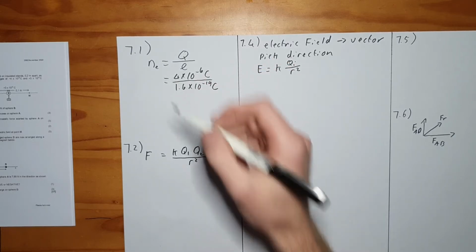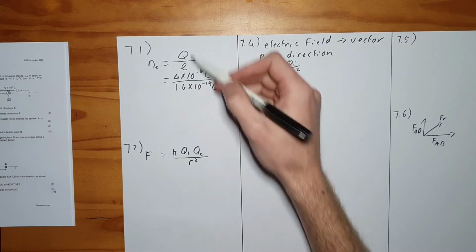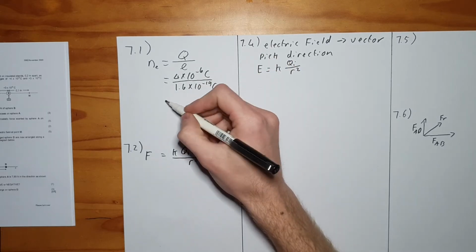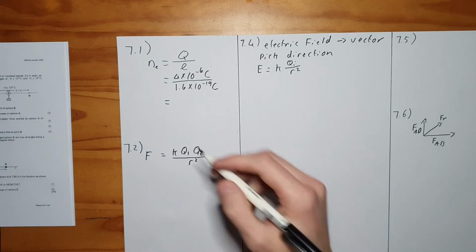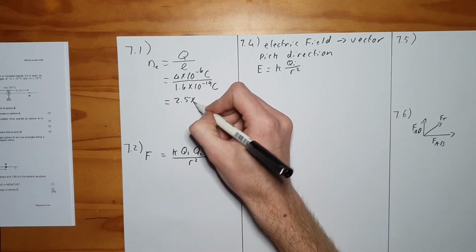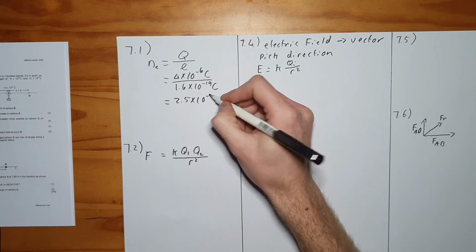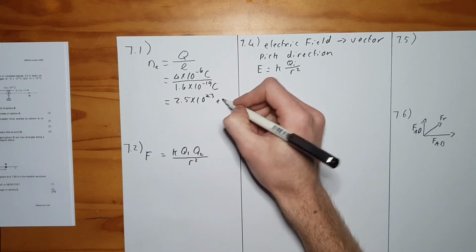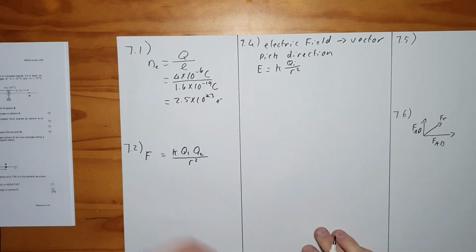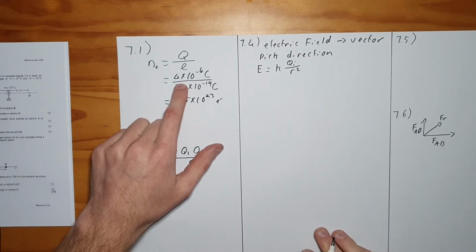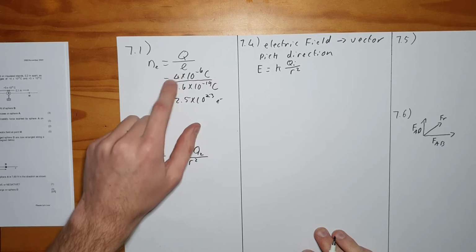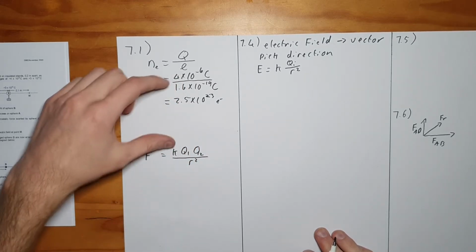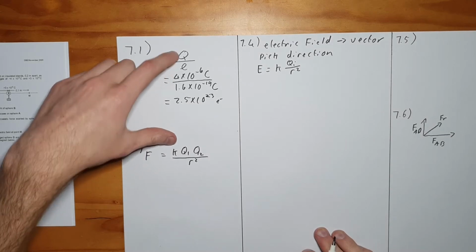To calculate the number of them, we just divide the charge by the charge of an electron, and we get a total of 2.5 times 10 to the 23 electrons. We don't include the sign in front of the charge, positive or negative, because we're just taking the quantity of Q.